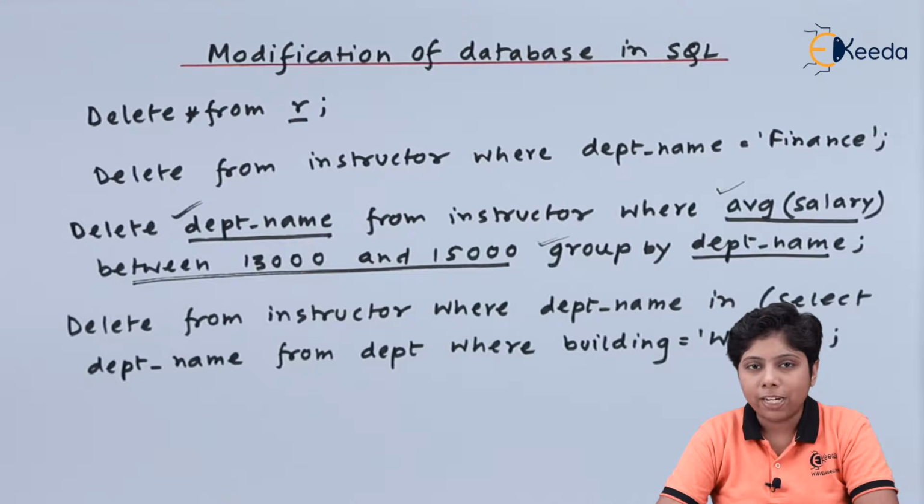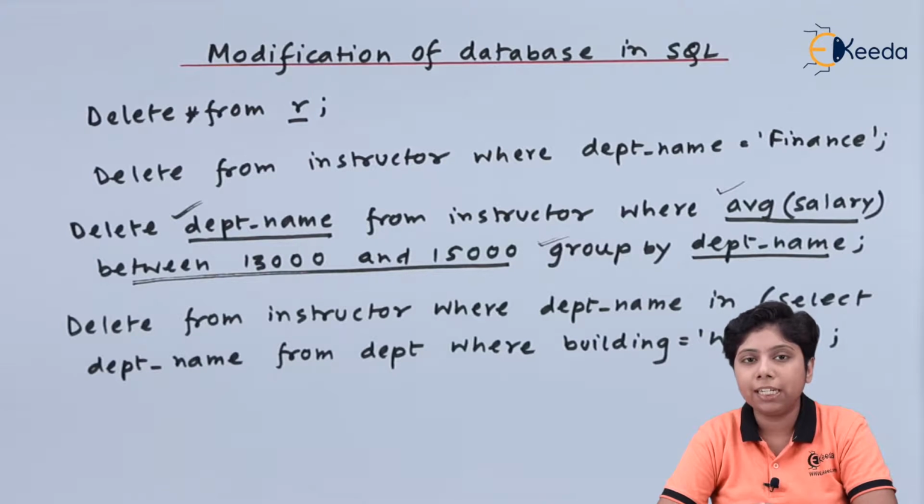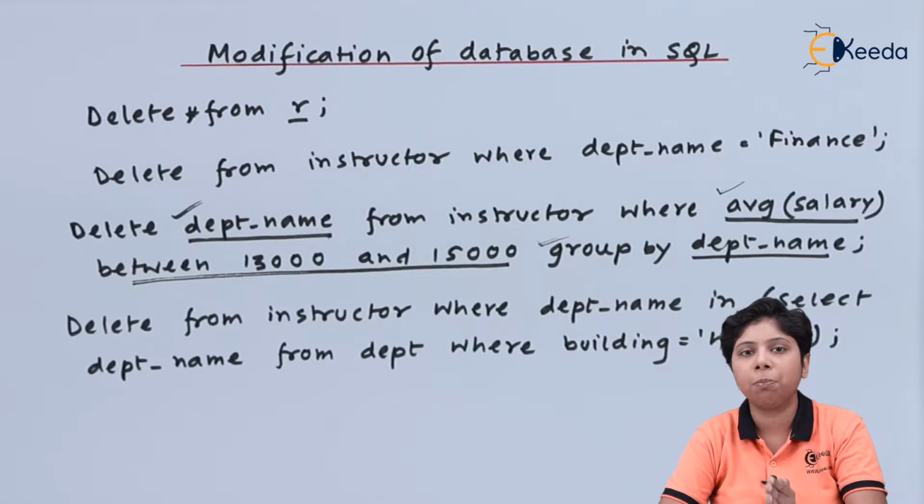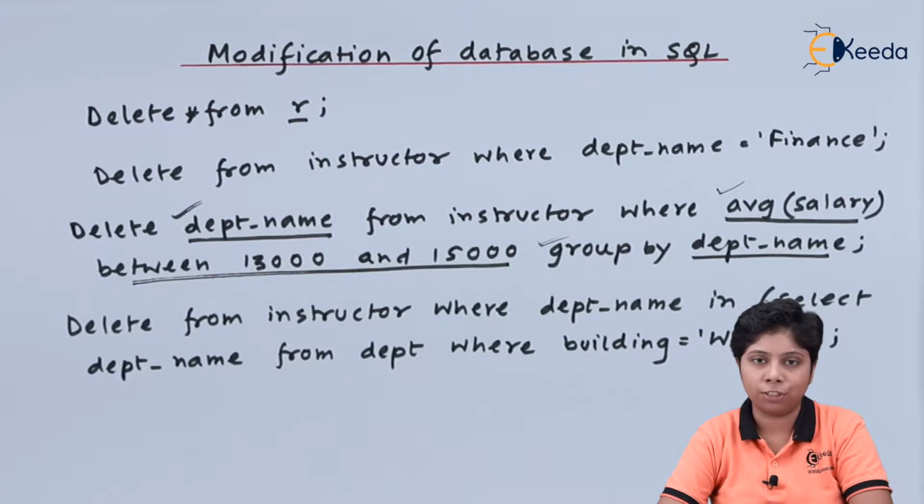Here look at this query. We want to find the department names whose building is Watson and then delete records of the instructors whose department name matches the department names in the building Watson.